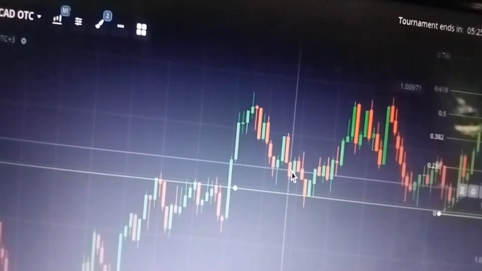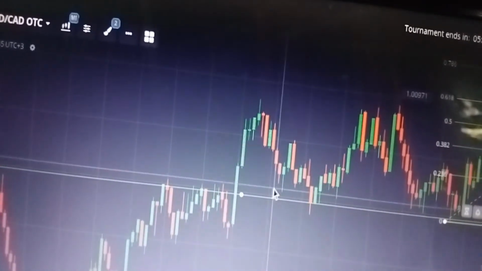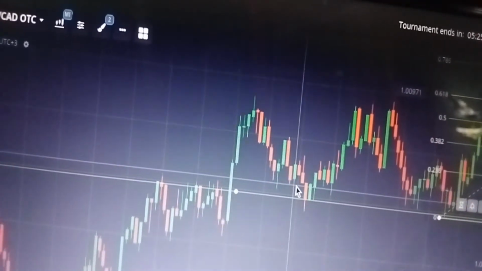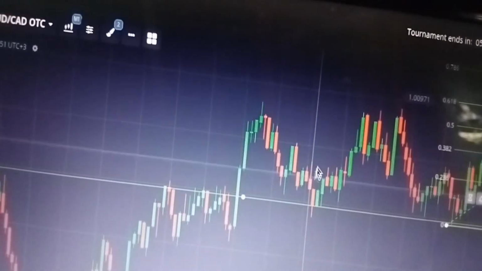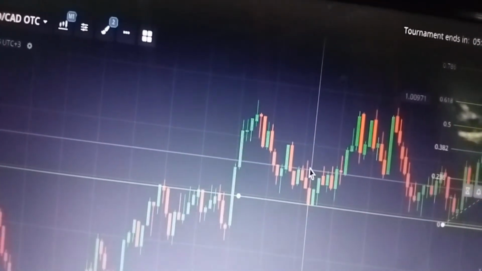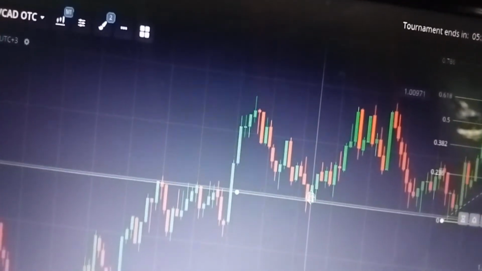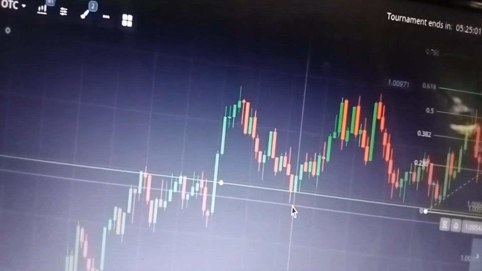We came down there. We made a swing again. We broke that swing low. Now this swing low is gone by this. So now this swing high is responsible for this swing low being taken out. So it takes this range from this swing high to this swing low.